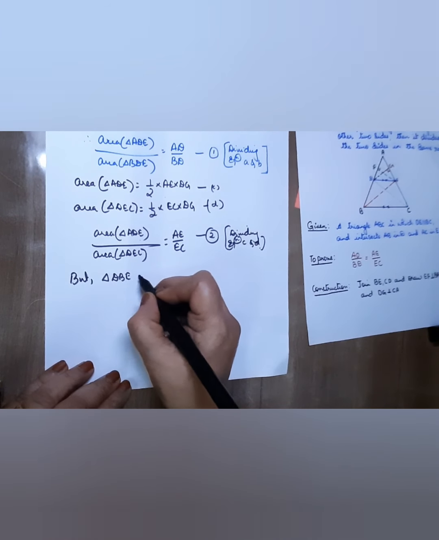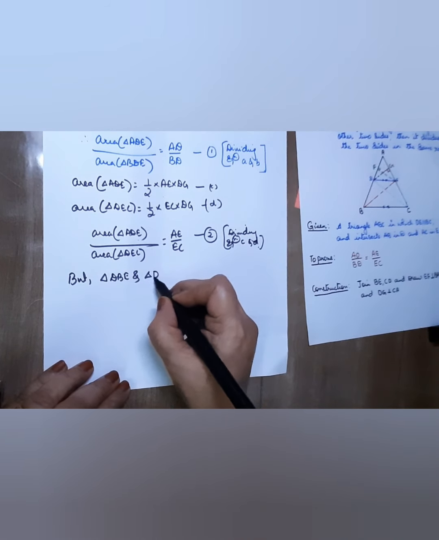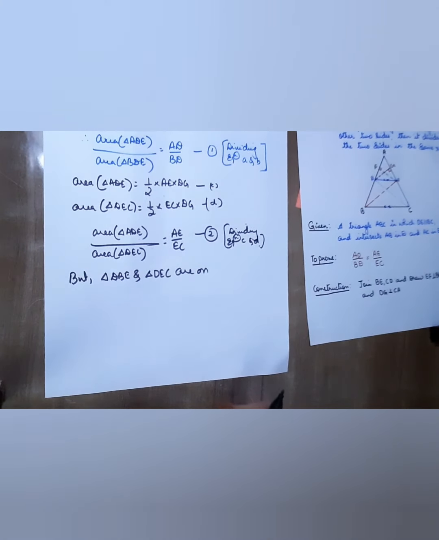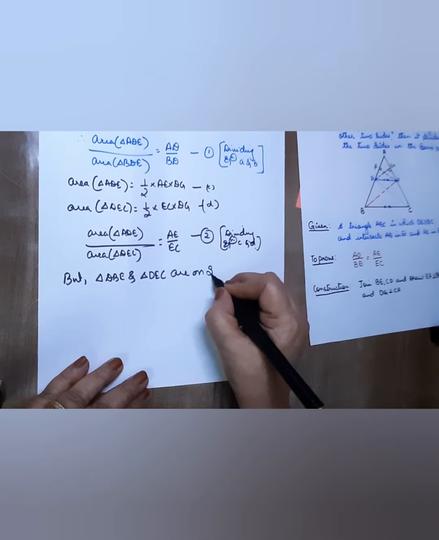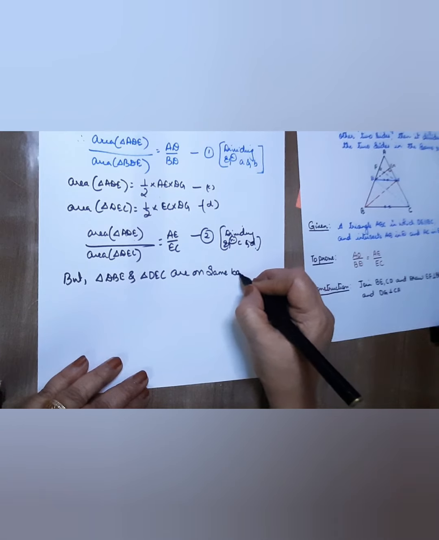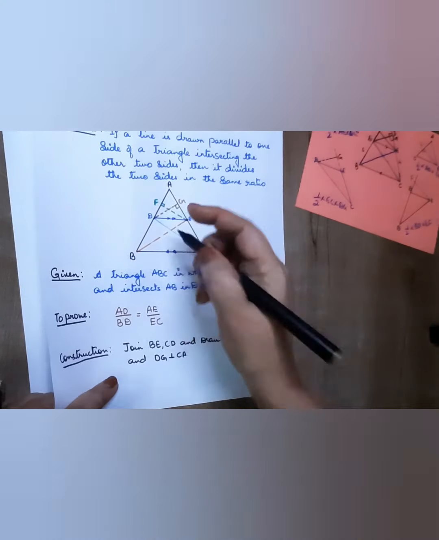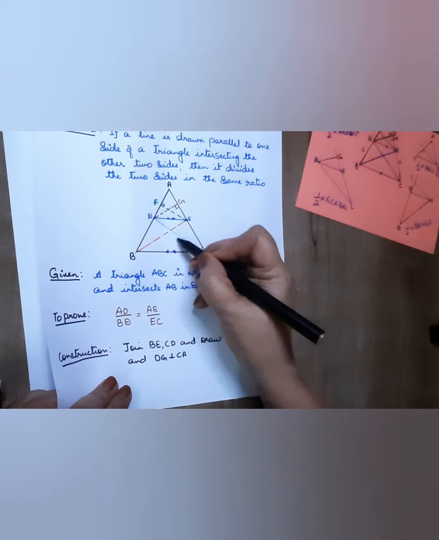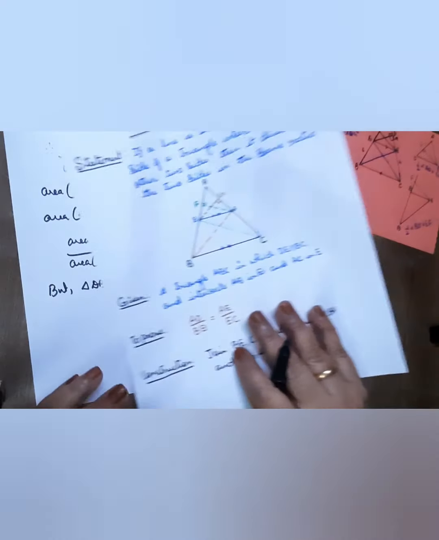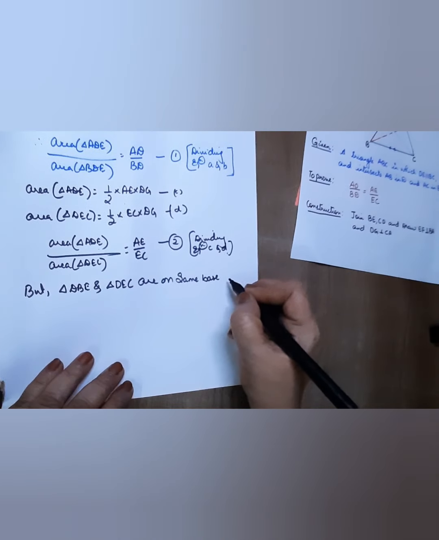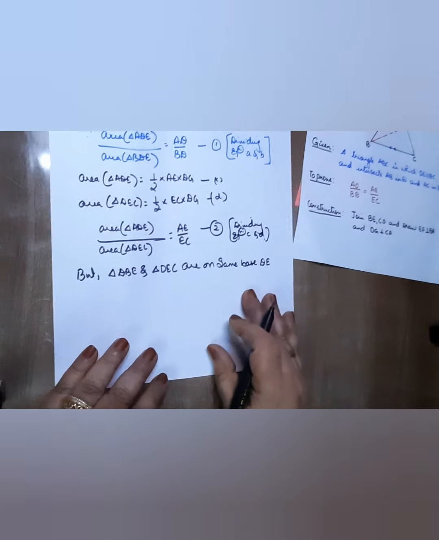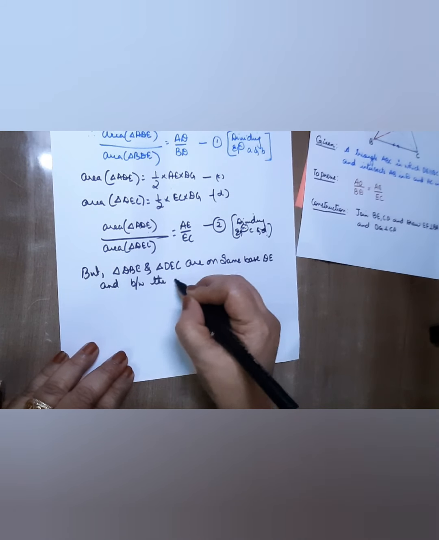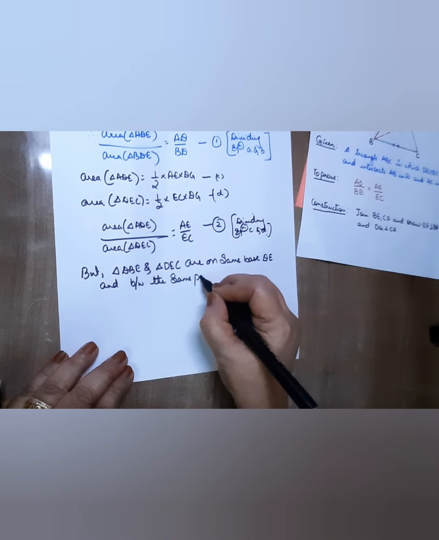I'll write one statement here: triangle DBE and triangle DEC are on the same base. What is the same base here? You can see the base is DE this way and this way, so they are on the same base DE, and between the same parallels.